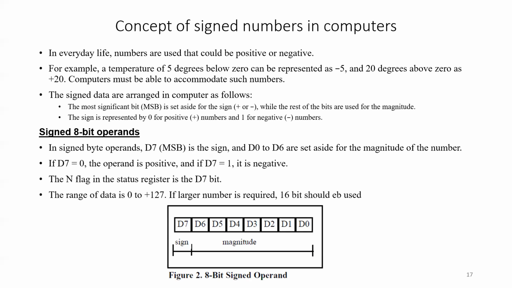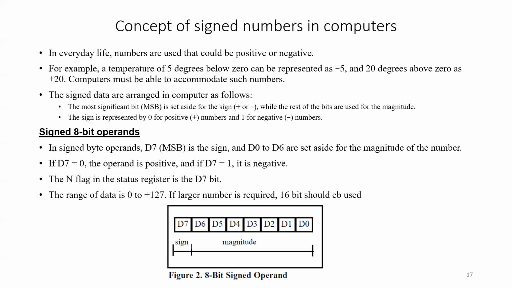For signed data, in everyday life, numbers are used that could be positive or negative. All the time, we need to represent numbers as positive or negative. For instance, in our applications in electrical engineering, we have a sinusoidal AC supply, which needs positive and negative numbers to be represented.